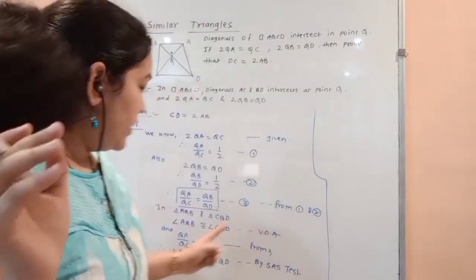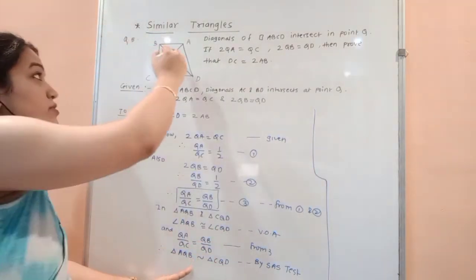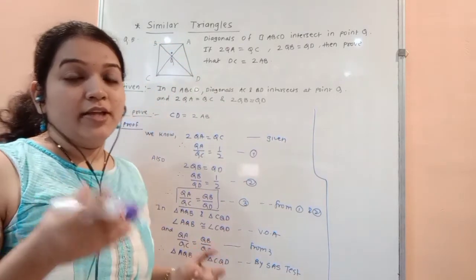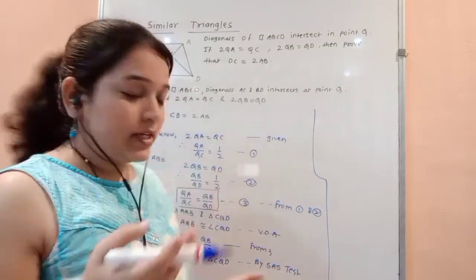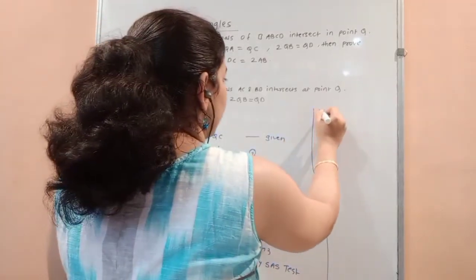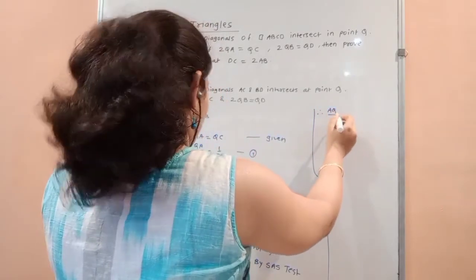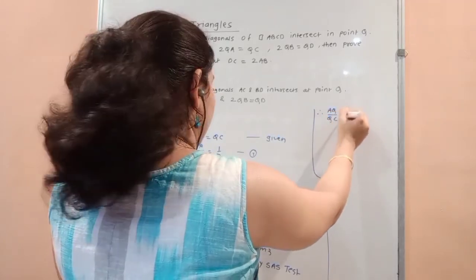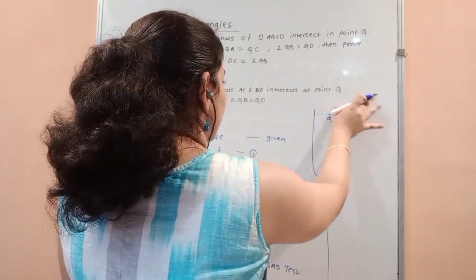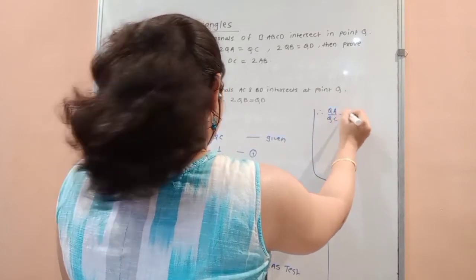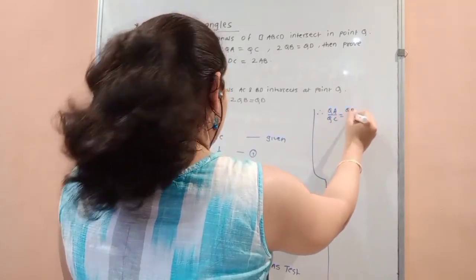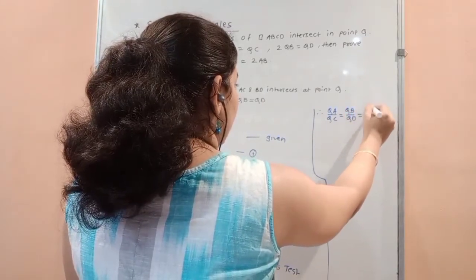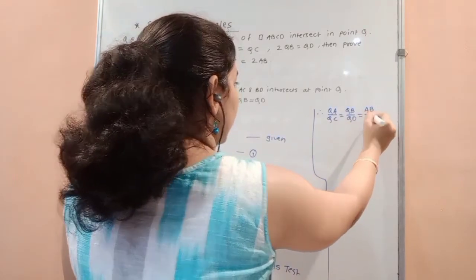Now what next? Once you have proved triangle AQB similar to triangle CQD, the triangles are similar means the ratio of their corresponding sides is also similar. So next I can write here, therefore QA upon QC is equal to QB upon QD is equal to AB upon CD, yes or no?